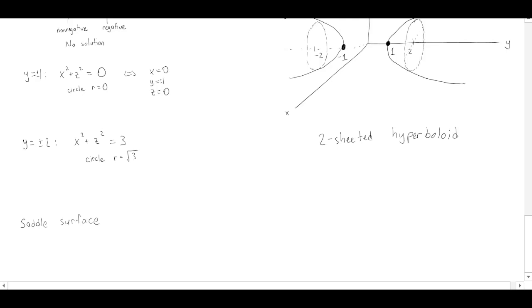But maybe look up what a saddle surface looks like, look at the equation and what it looks like. There might be some videos online on how to sketch a saddle surface as well. I should have looked that up actually, but I didn't think about it. So those are just some examples of sketching surfaces.